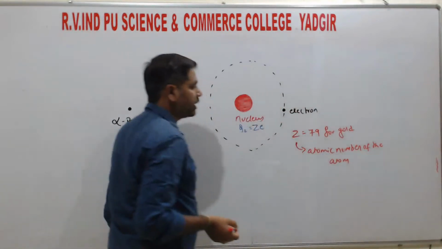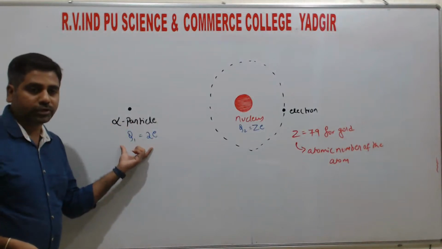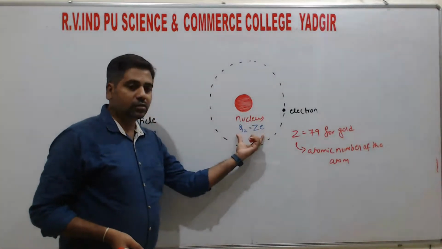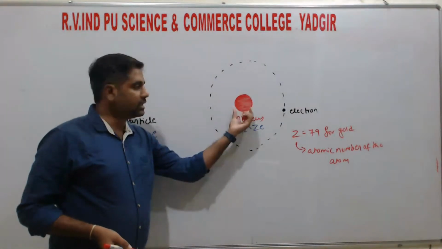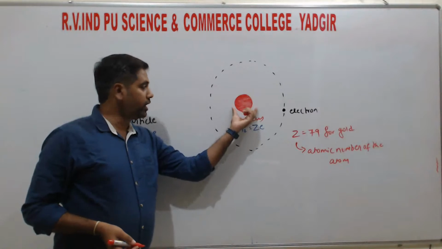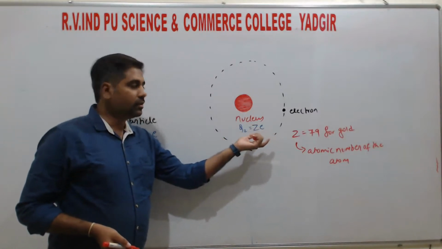The alpha particle is also positively charged. In the nucleus of the gold atom, the entire positive charge is accumulated in a small volume, so the nucleus is also positively charged. So Q2 equals ZE.